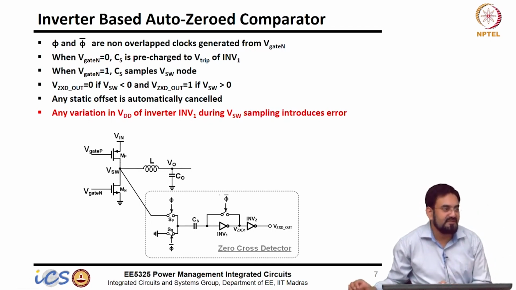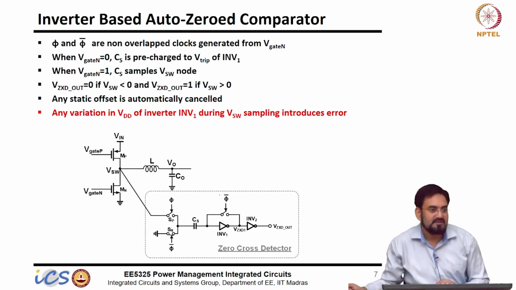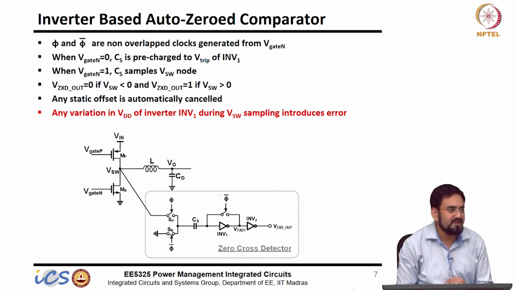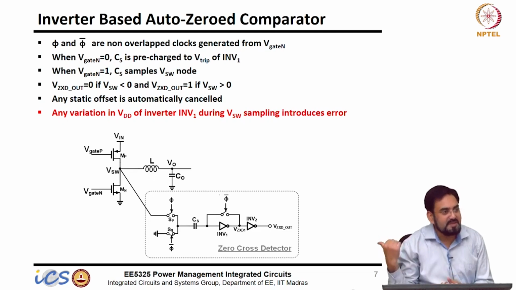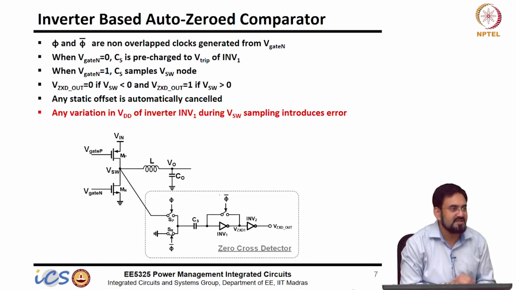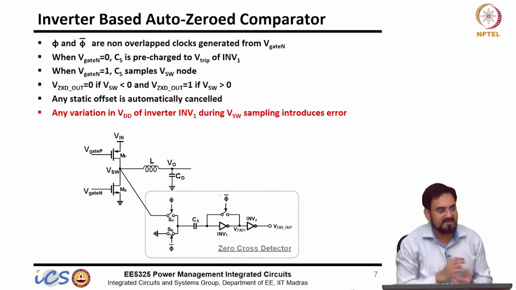That is quite possible, VDD is not very stable. Even if it changes by 10 millivolt, 20 millivolt during that time, you have sampled some other trip point. Now your trip point is changed due to the change in VDD, and you will get the wrong signal.